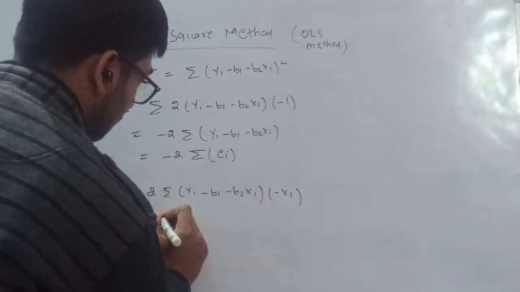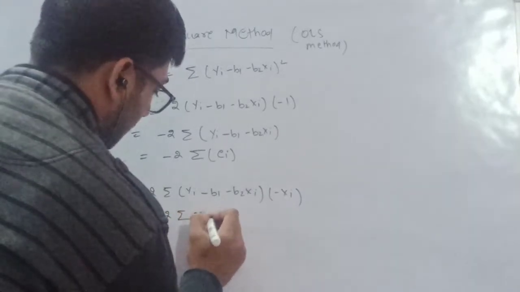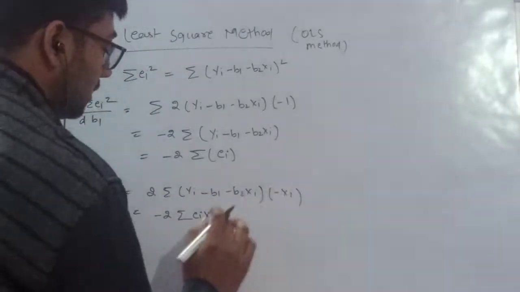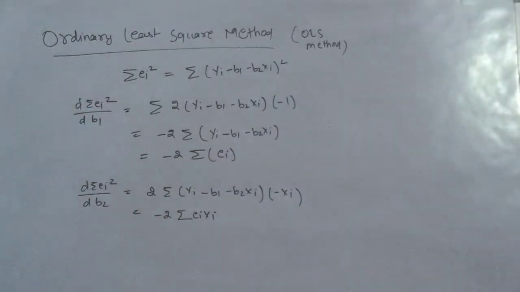So minus 2 summation ei Xi. This will become ei and this Xi, and this minus will come outside.